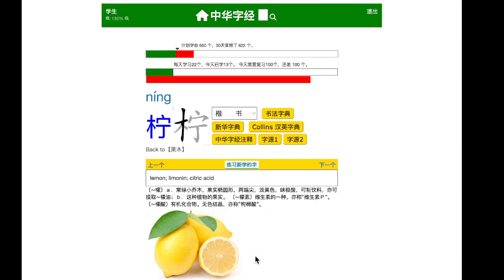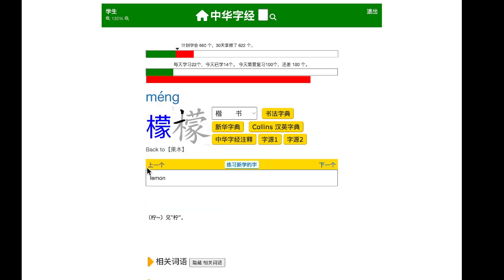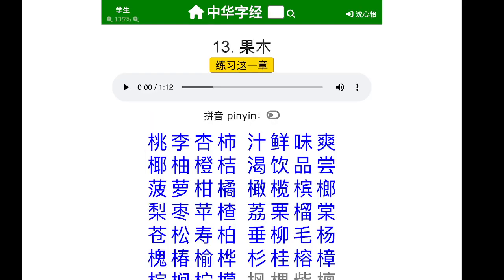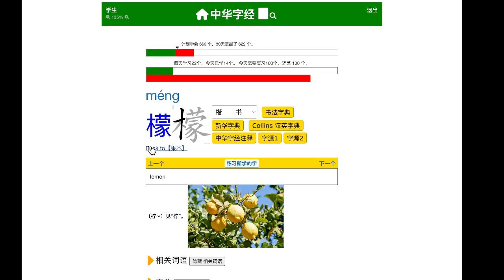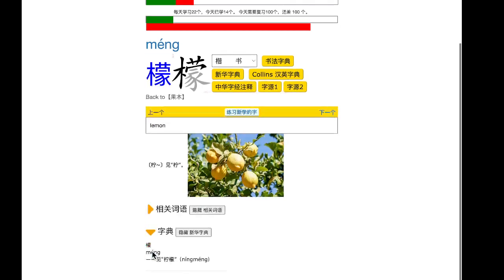Ning. Ning is lemon, or limonene, or citric acid. These are just various chemicals that can be extracted from lemons or that are contained in lemons. Ning. Ningmeng together is lemon. And this isn't used anywhere else except for the name of lemons.